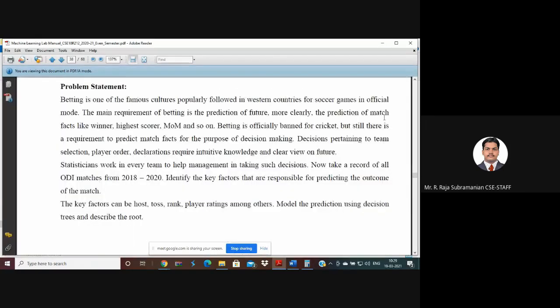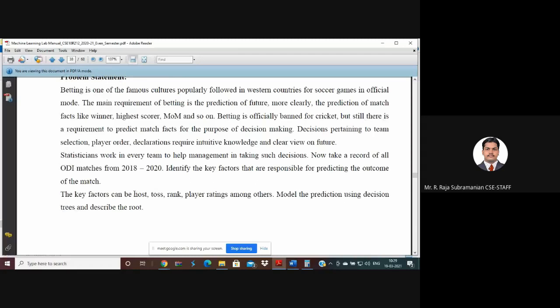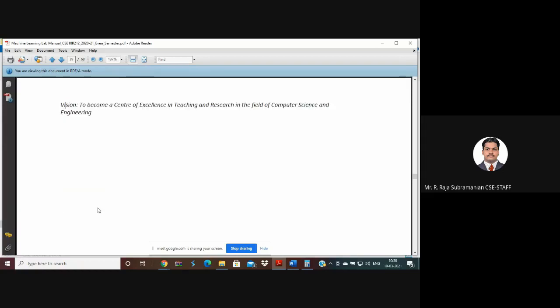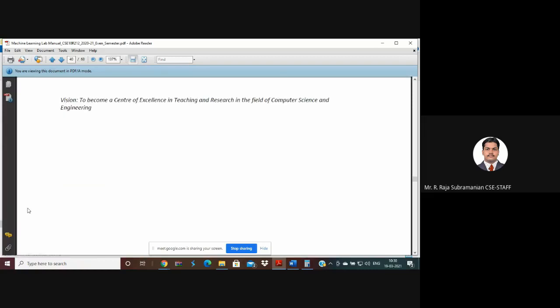You can take something like who is host, toss, even rank of the player ratings, among others. These are key factors, and I need to find the decision tree and describe the route. So we have the decision tree ready, and we can describe the route. We have done that. Next is over here.